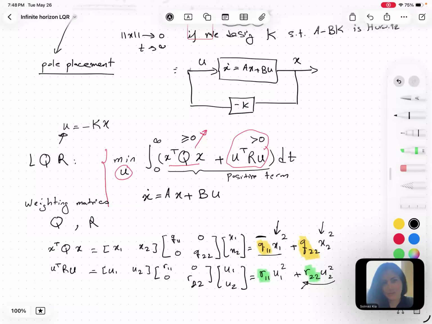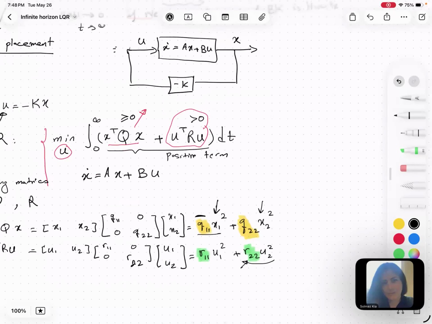And as a result, I am going to put more weight on making sure that the second channel is smaller as much as possible. And if I have to give up some of this deviation from 0, then it would come from, for example, channel 1. So this is just how Q1, Q22, and R11 and R22 play against each other.